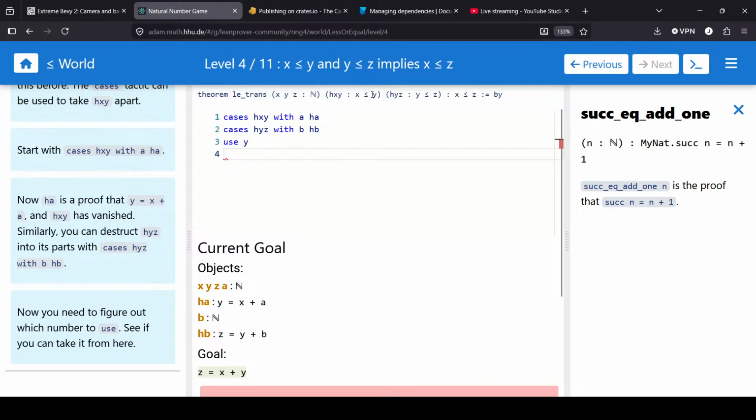Or like 1, 3, and 5. And if it was 1, 3, and 5, then 1 plus 3 is not equal to 5. So that wouldn't be right. So I don't think I want to use y here.